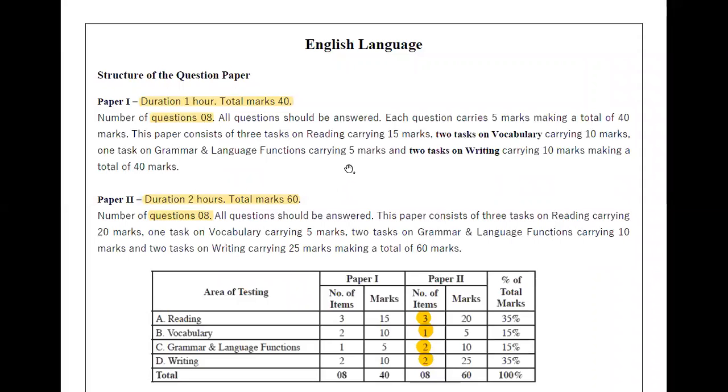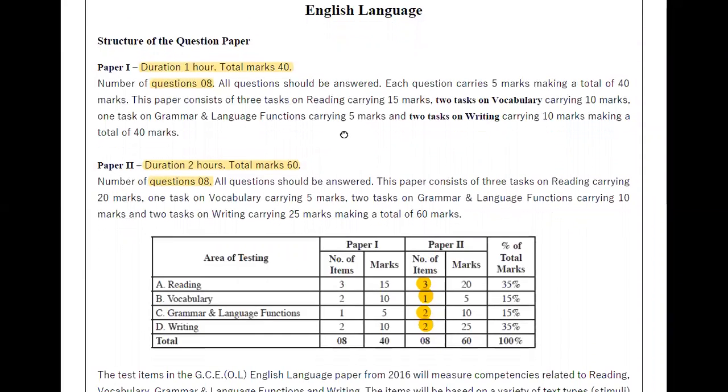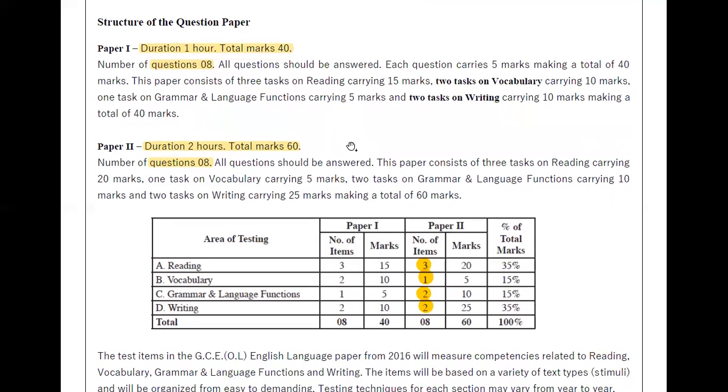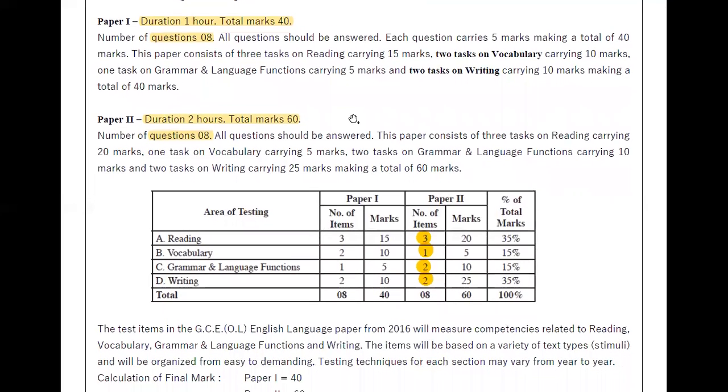The second paper we have to complete in 2 hours, where we can score 60 marks in total. So 40 plus 60 is 100 marks, and the whole paper we should complete within 3 hours.